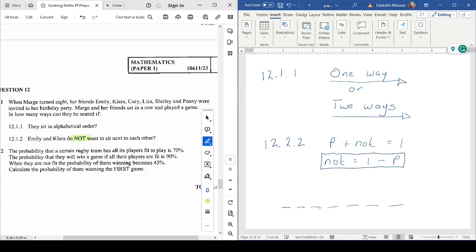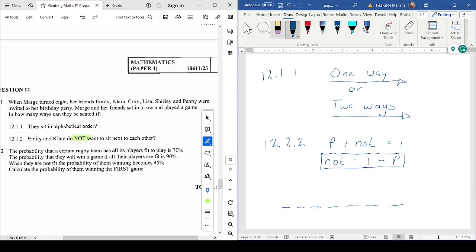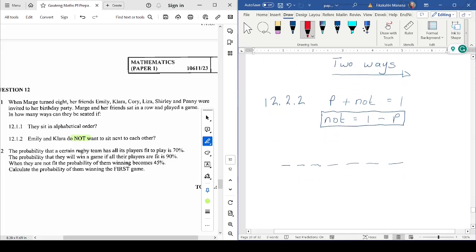Now, what is the probability that Emily... remember, the event is that both of them must sit together, right? That's the event. So if they take the first 2 chairs, they're sitting together there. So how many ways can they sit together?